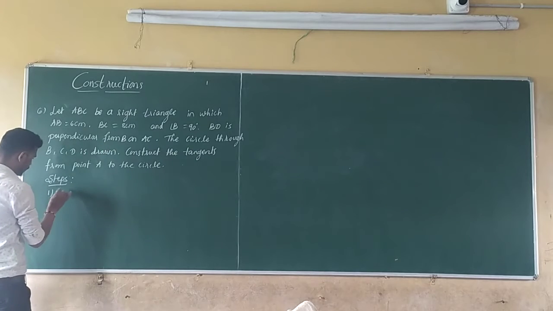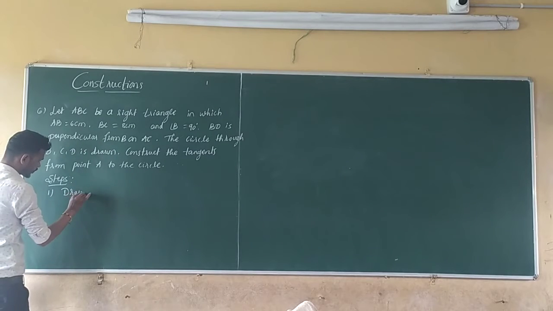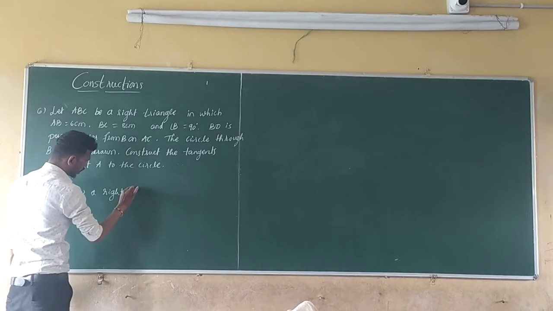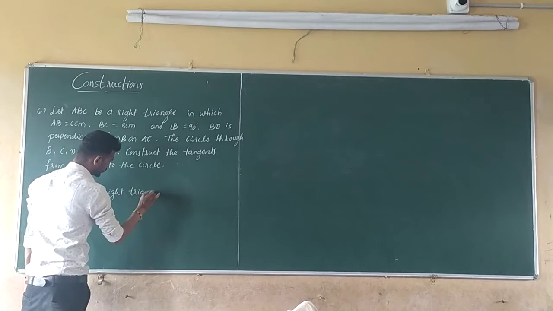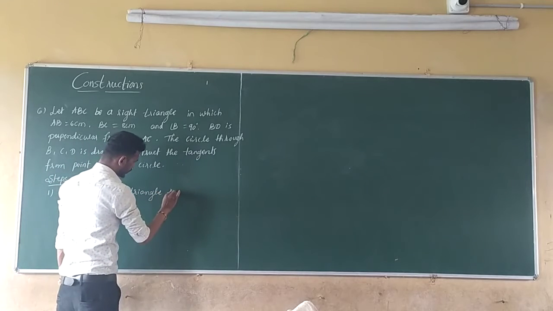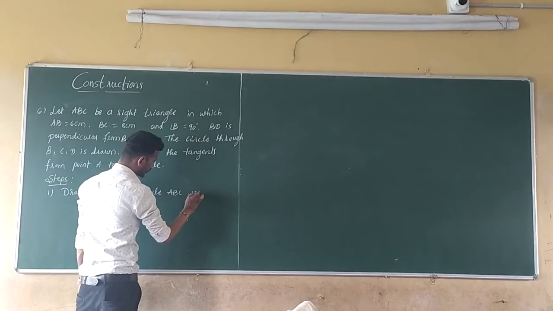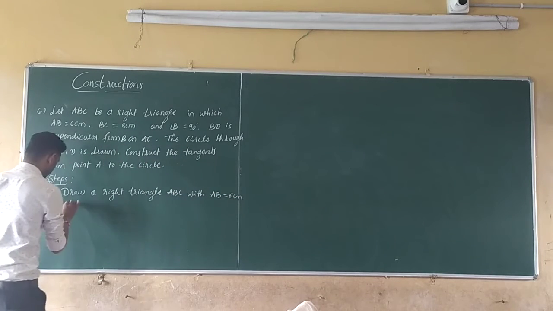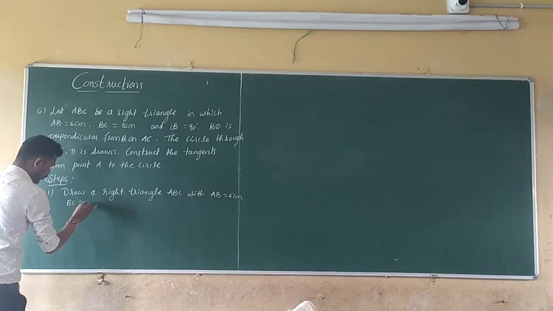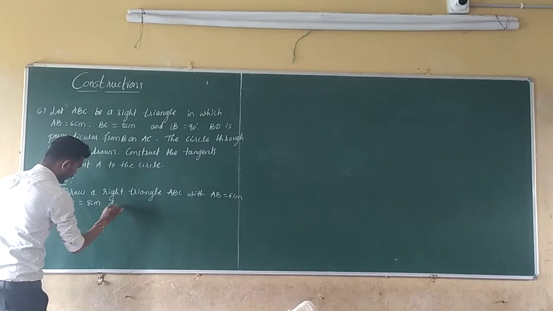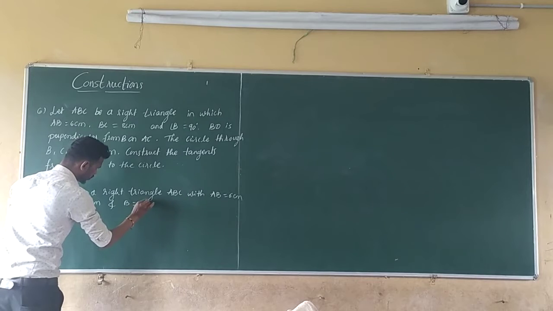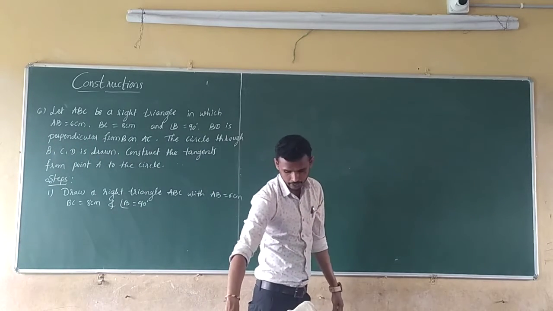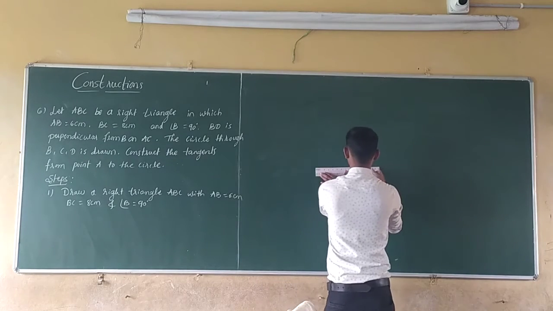So first step is draw a right triangle ABC with AB equals 6 cm, BC equals 8 cm, and angle B equals 90 degrees. So draw a triangle ABC, right triangle ABC.